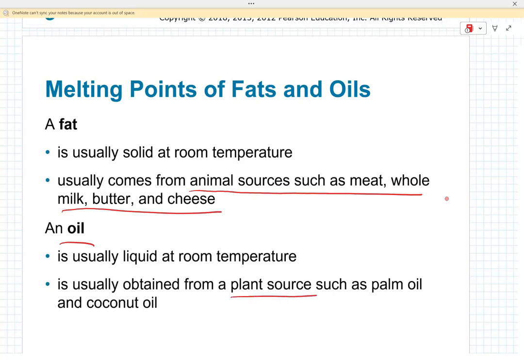So this is like coconut oil. We can cross it out. Palm oil, it's pretty close to being solid. Okay? Now, listen. Palm oil and coconut oil are practically solid. Well, coconut oil is.